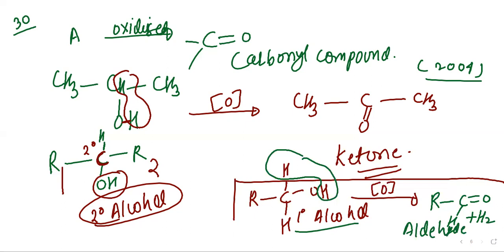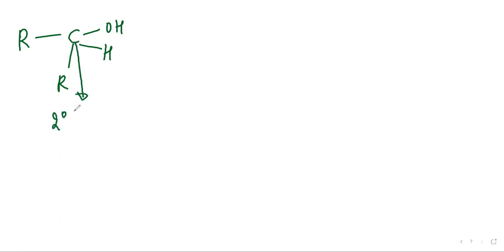In a similar manner, take a 2nd-degree alcohol. R, C, OH is there, and here R, and there is one H. When this carbon is attached with two R, it is called a 2nd-degree alcohol.